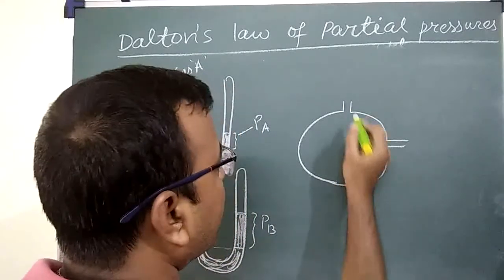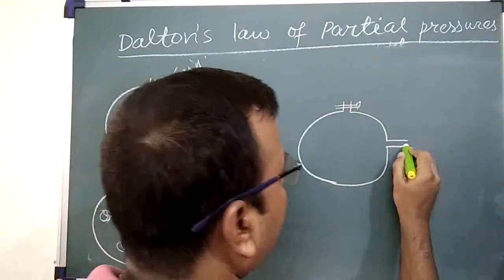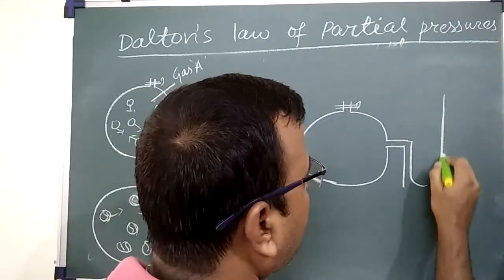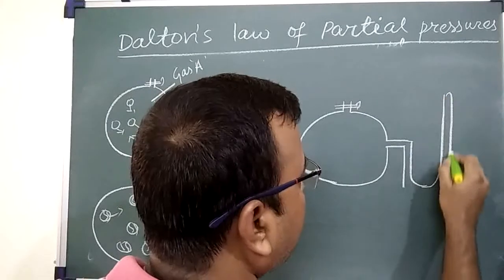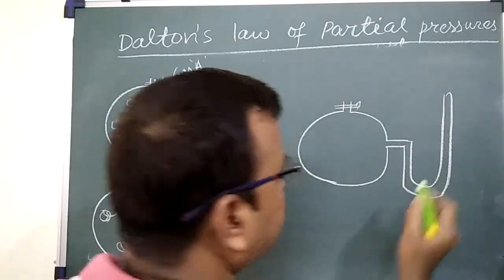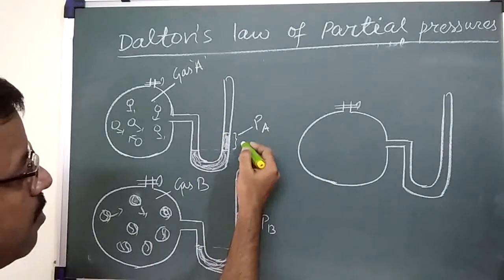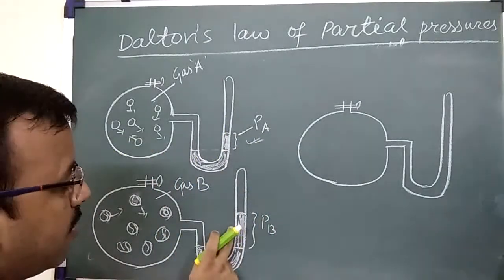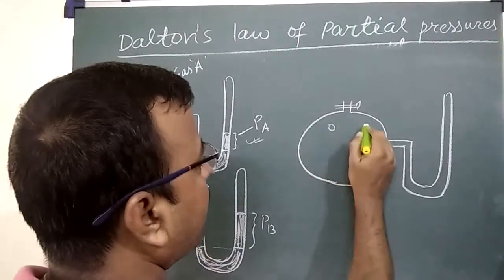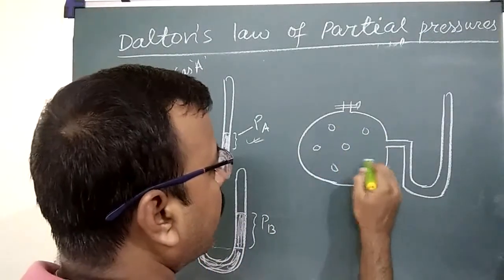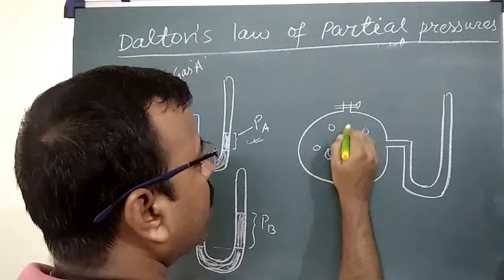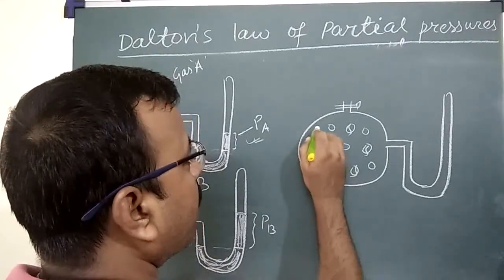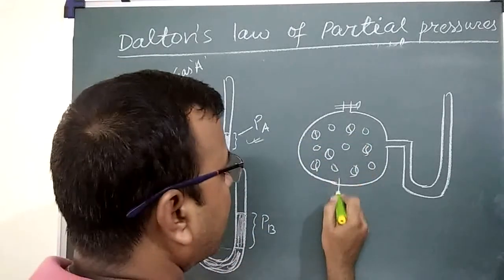Here you see, this is the partial pressure exerted by gas A. This is the partial pressure exerted by gas B. Now we are mixing gas A. These are the molecules of gas A and these are the molecules of gas B. So two types of gases are there.